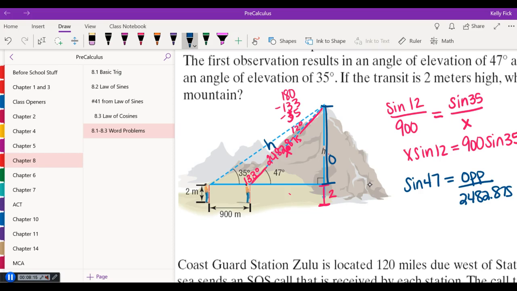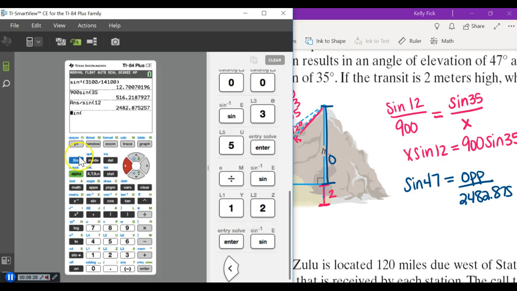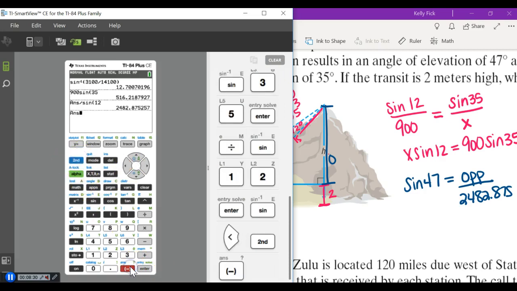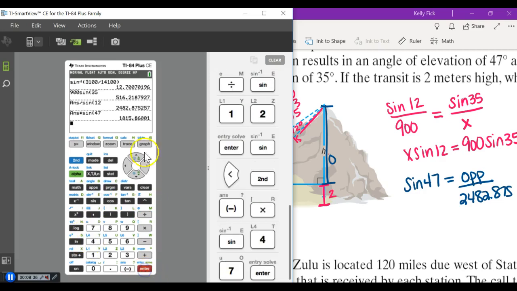So I'm going to cross multiply this times sine of 47, again using as many buttons as possible. I would just type second answer times sine of 47. Enter.